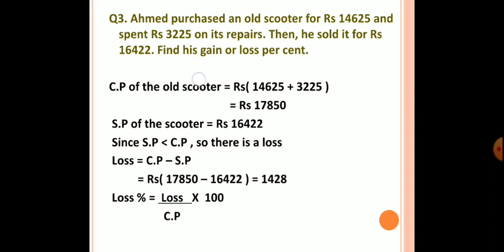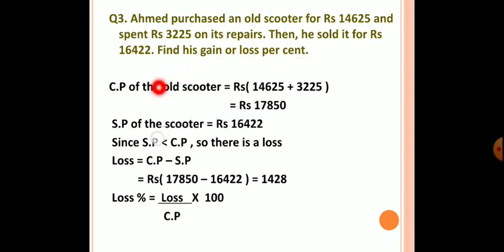Next, question number 3. Ahmed purchased an old scooter for rupees 14,625 and spent rupees 3,225 on its repairs. Then he sold it for rupees 16,422. Find his gain or loss percent.